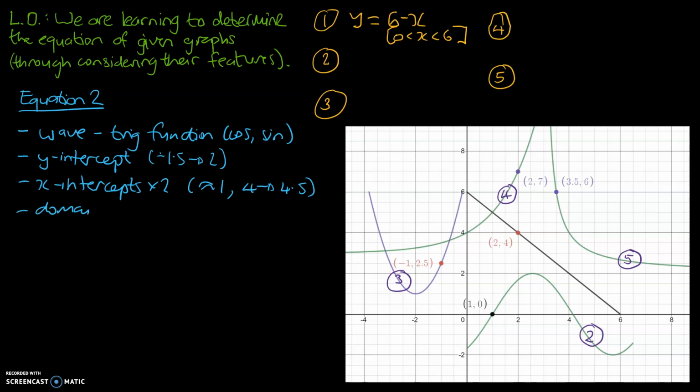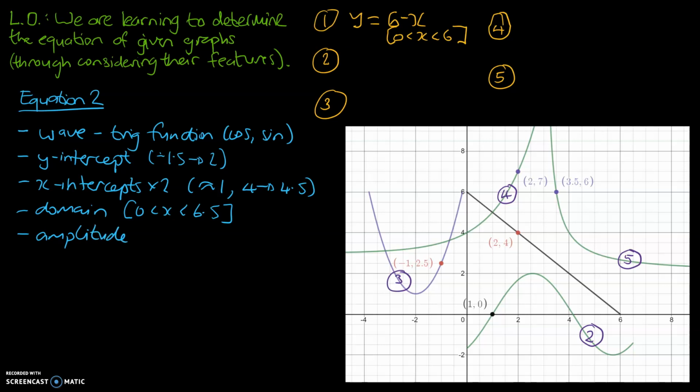I think there's a visible domain here as well. So the domain, it looks like it sits between 0 and 6.5. So I've used that end as an estimate. Hopefully it's around 6.5. Well, I remember that the amplitude is really important for trig graphs.